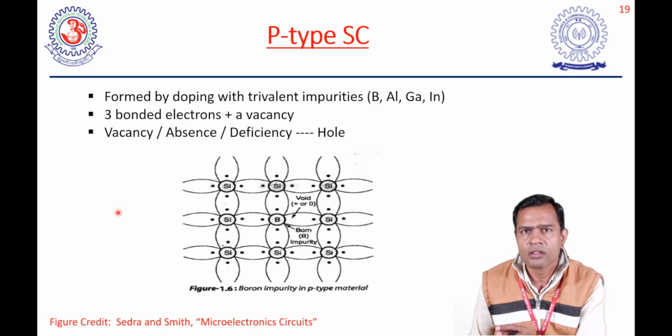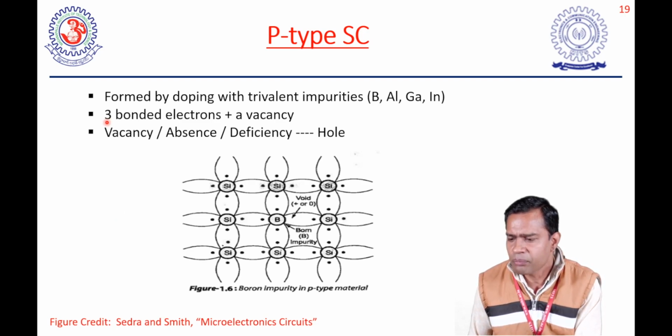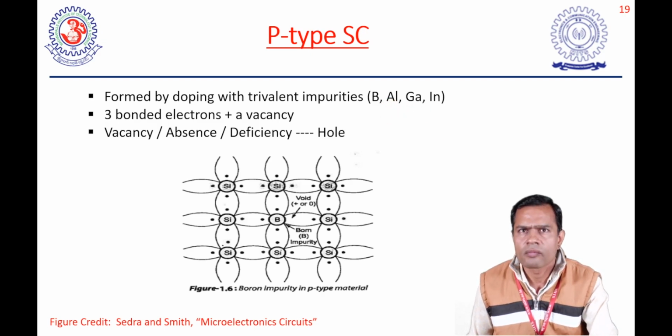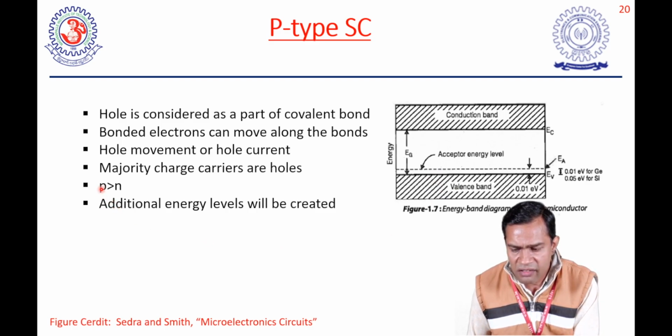So here holes are the majority carriers, and p-type is created using doping with trivalent impurity: boron, aluminium, gallium, indium. Now here we talk about the acceptor energy level, which is just above the valence band, and here p is greater than n.